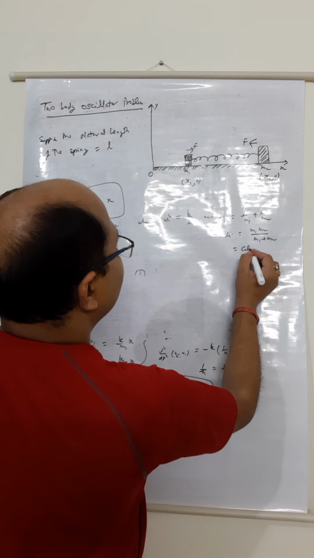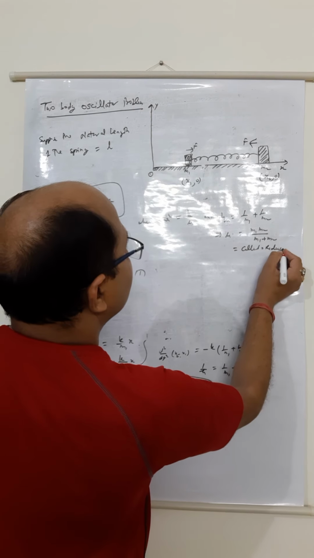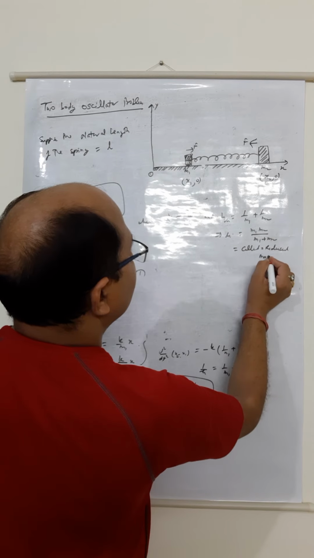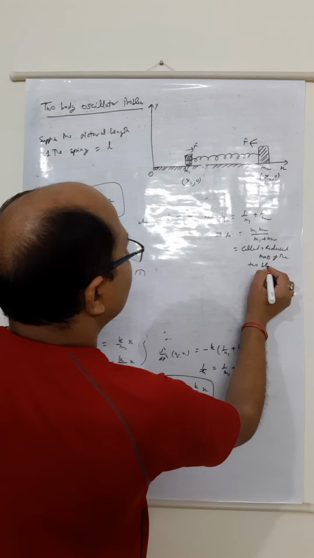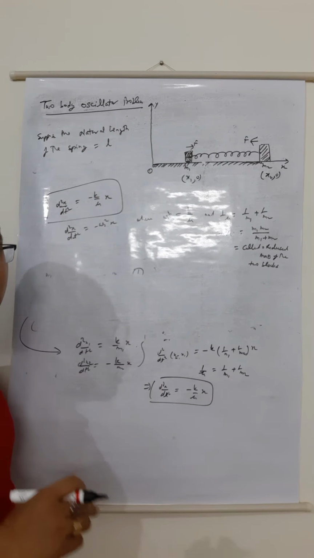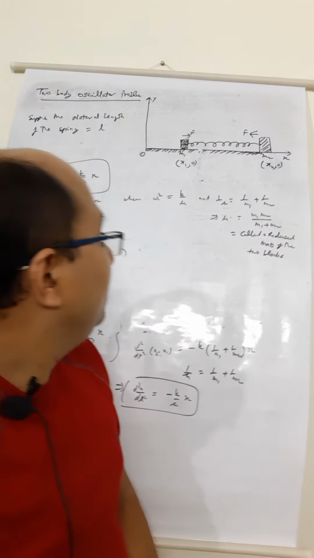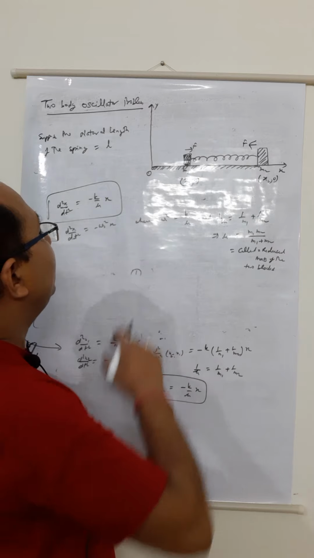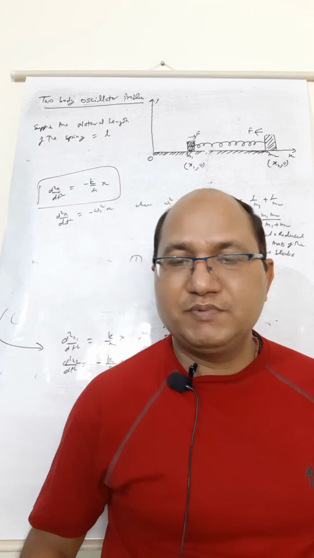This is called the reduced mass of the two blocks. We call this the reduced mass terminology. Then we see here how the two body problem reduces to a single body problem from this differential equation.